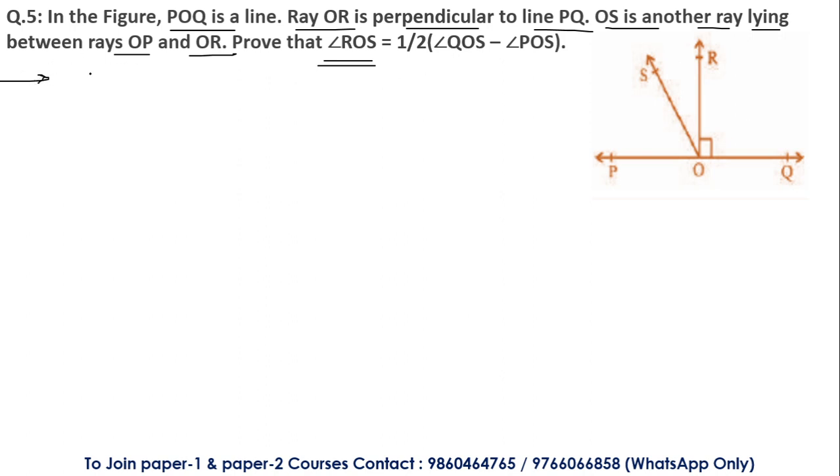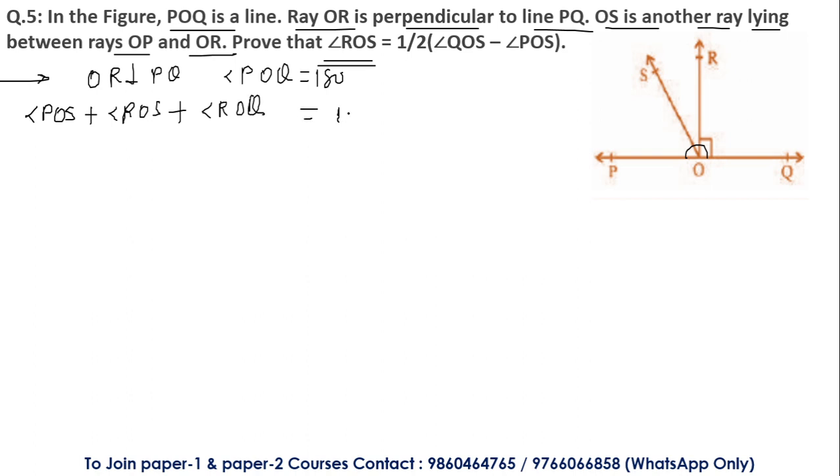Now here we know that from the figure, OR is perpendicular to PQ and angle POQ is equal to 180 degrees. POQ means a straight line, a complete one. So angle POS plus angle ROS plus angle ROQ are forming a linear pair, and we know their summation is equal to 180 degrees.